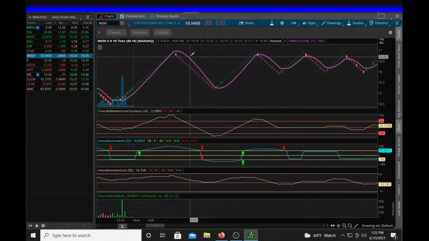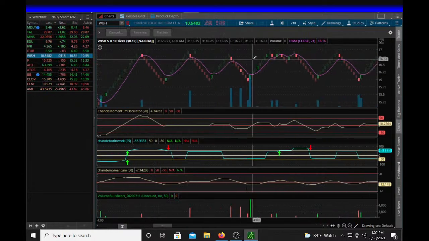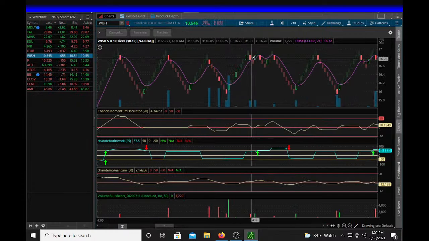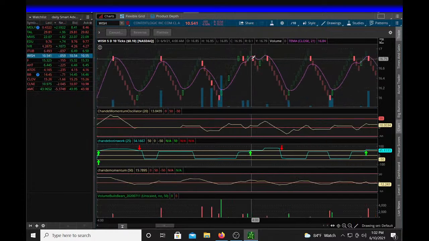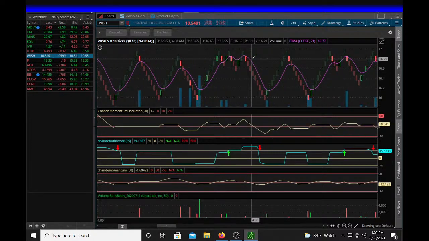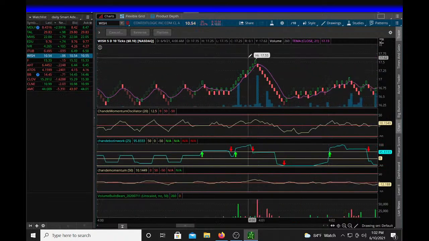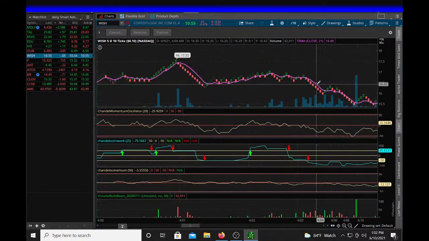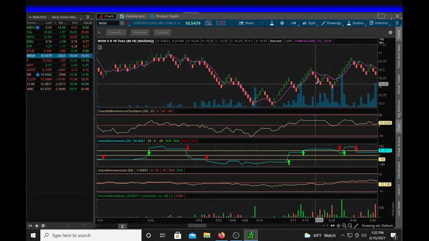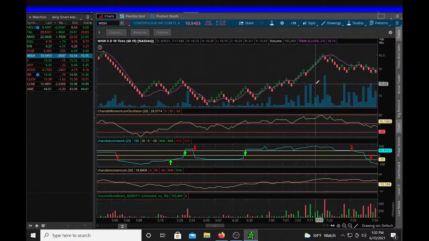That's why this is the way that is. Very good. Okay. So it's not hard to understand why we would trade stocks that have these patterns. And Wish certainly looks like it is one of them that does.